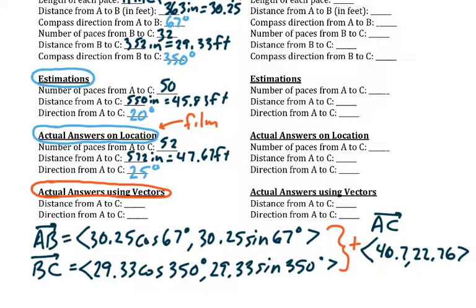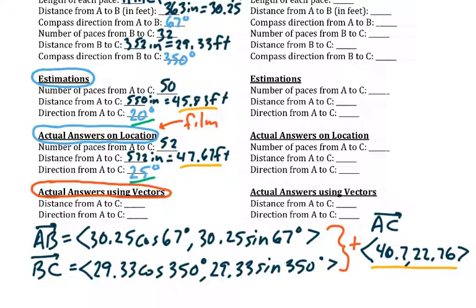All right, so that's my component form of my resultant vector, but I need to find the magnitude of that, and I'll compare it with my actual magnitude that I found, and then I'll find the actual direction of that, and compare that to the direction that I found over here.